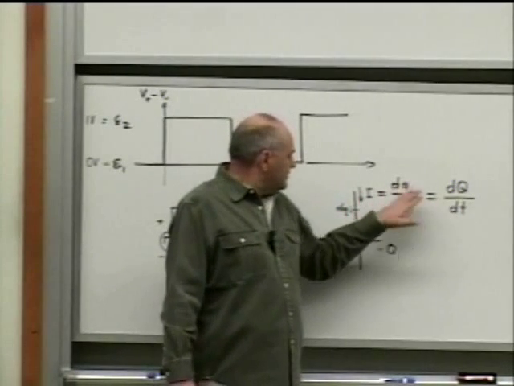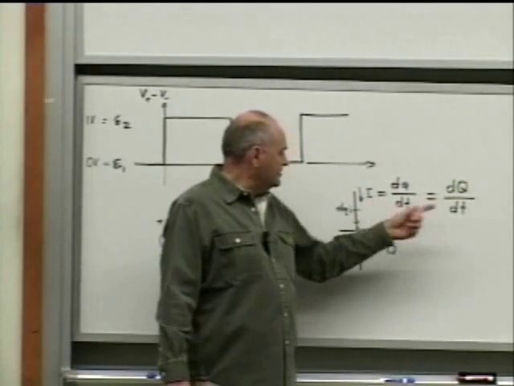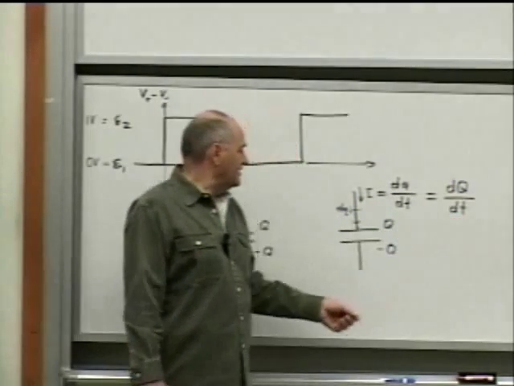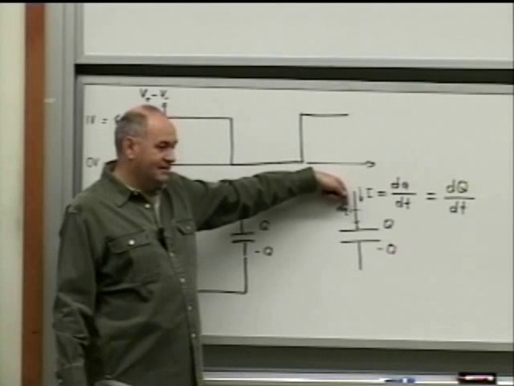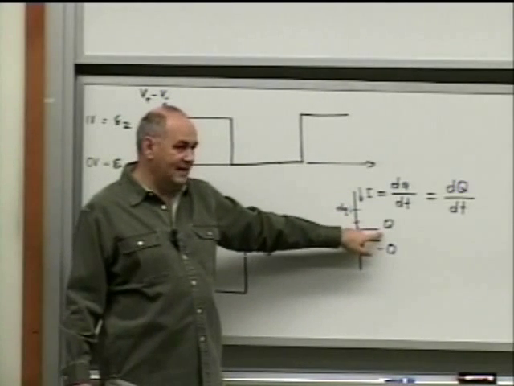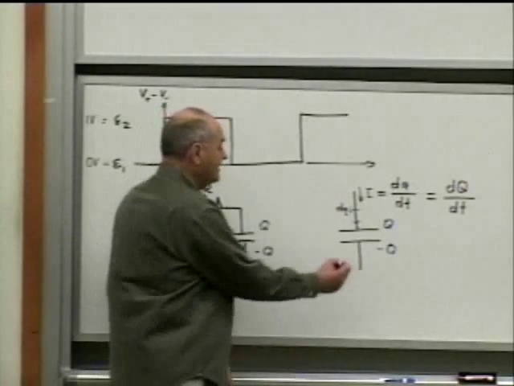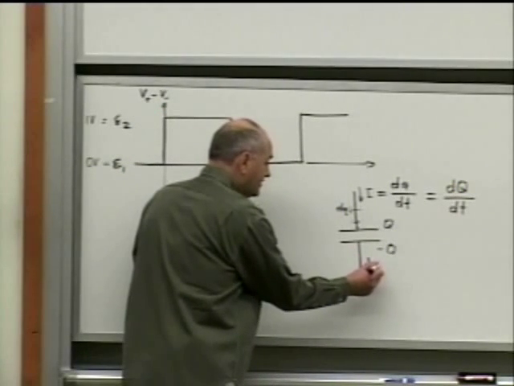So that relationship, current equal to the rate at which the capacitor is being charged, is valid only if you mark the current flowing toward the plate which has charge Q, not minus Q. From minus Q, the same current flows away.